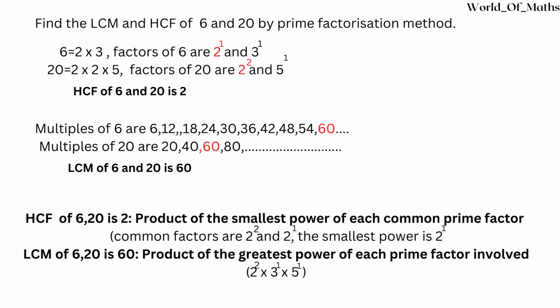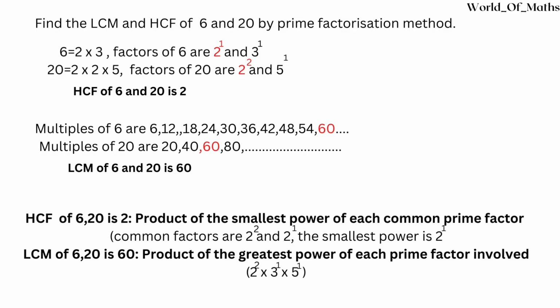And LCM of 6 and 20 is 60. We can say LCM is the product of the greatest power of each prime factor involved. The prime factors involved for both these numbers are 2, 3 and 5. If we look into the powers, the highest power of 2 is 2 to the power of 2, and for 3 is 3 to the power of 1, and for 5 is 5 to the power of 1.